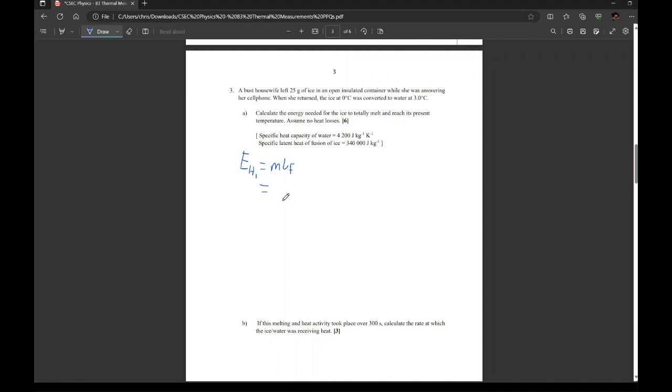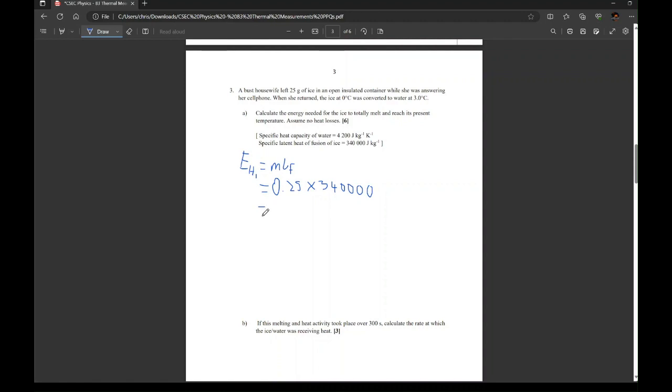So that's going to be equal to the mass of the ice, which is 25 grams, so that's 0.25 kilograms, multiplied by the latent heat of fusion of ice, which is 340,000, and that's in joules per kilogram.